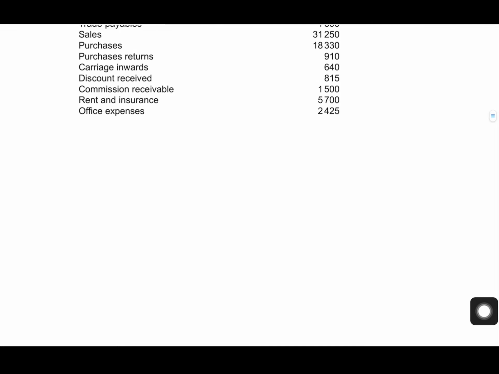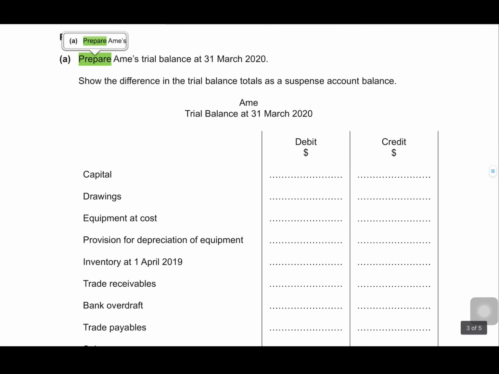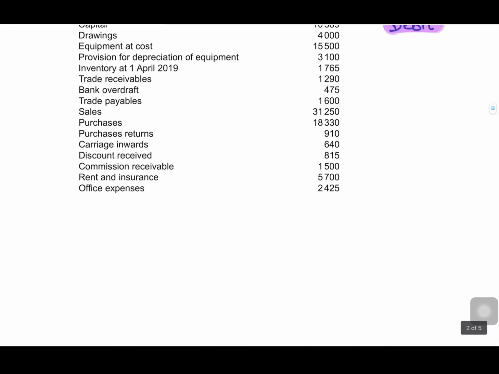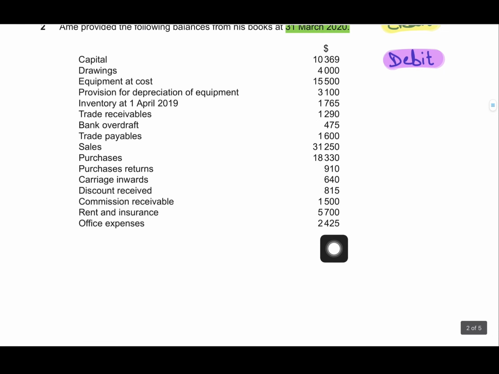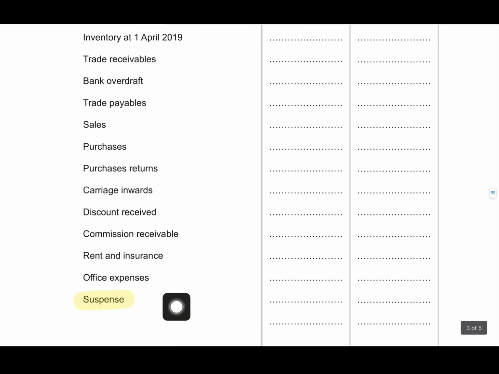Let's see the requirements first. In part A, we are required to prepare the trial balance at the same date, 31st March 2020, and also to show the difference in the trial balance totals as a suspense account balance. So this means that the account balances given to us will not make the trial balance naturally. Rather, we will be required to insert a suspense account balance at the end of the trial balance.